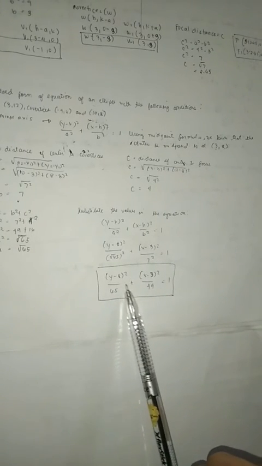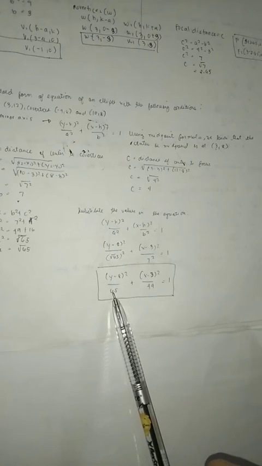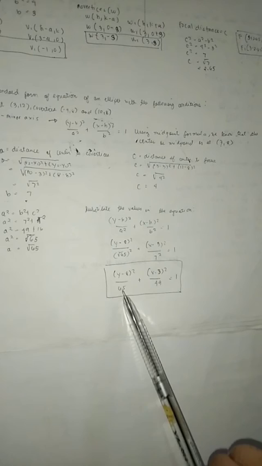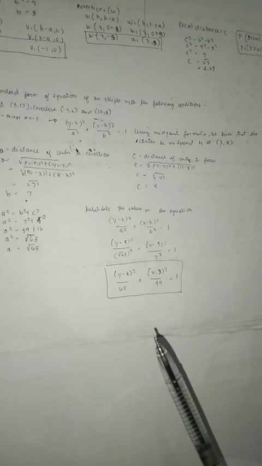So y minus 8 squared over 65 plus x minus 3 squared over 49 is equal to 1. The denominator with the greater value is 65, it's under y, it's vertical.